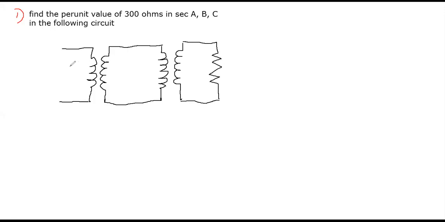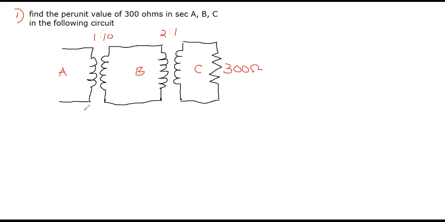Okay, now this is the circuit. So this is section A, this is section B, this is section C. Now 300 ohms has been connected in section C. The transformer turns ratio is given as 2:1, and this has been given as 1:10.